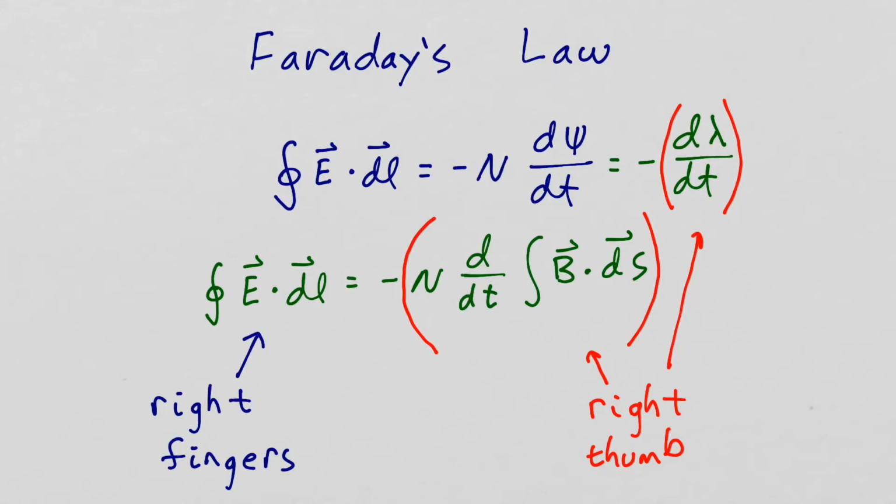If the integral of E dot dl in the direction of your right fingers is positive, then the flux linkage in the direction of your right thumb will be decreasing with respect to time, so that d lambda dt is a negative quantity, so the right-hand side of this equation will also be positive. This will be much easier to comprehend after we work some examples.